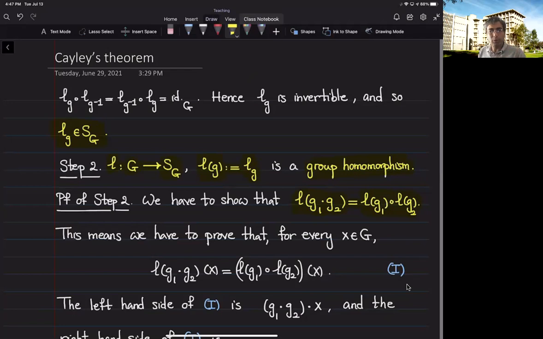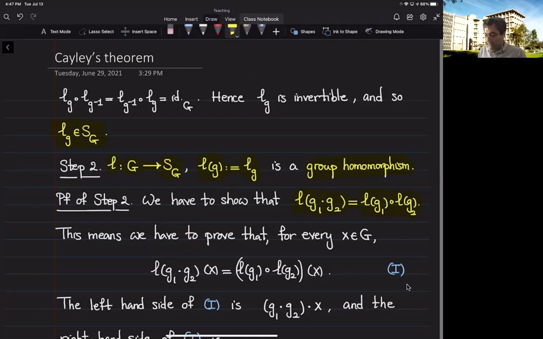When we want to show equality of two functions, first we need to check if they have the same domain and codomain, and in this case they have. Both of them have G as their domain and codomain. So it's enough to see whether or not they have the same rule.